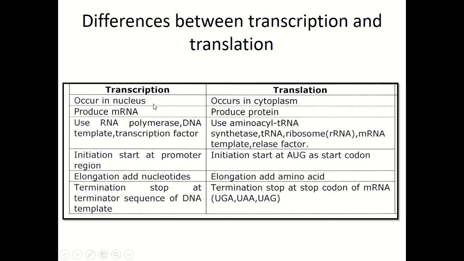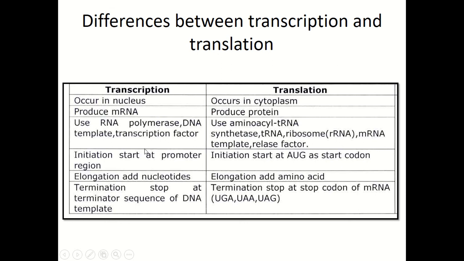Transcription uses RNA polymerase, a DNA template, and also transcription factors. Meanwhile, translation uses tRNA synthetase, ribosome, or known as ribosomal RNA, an mRNA template, and also the release factor.